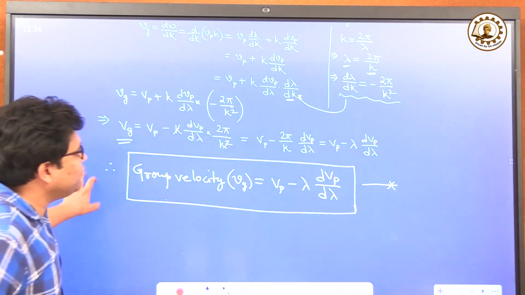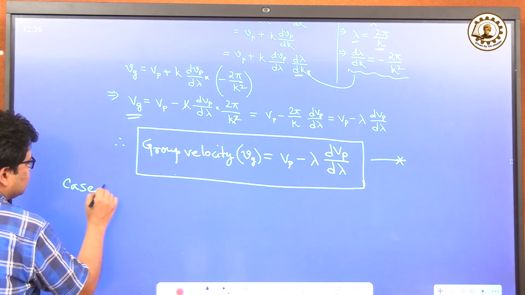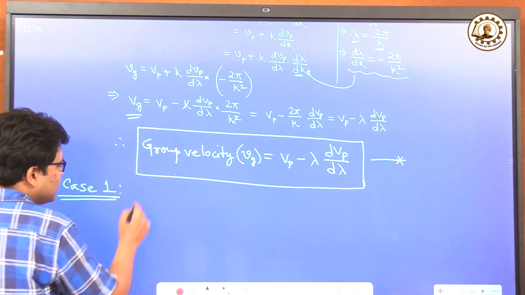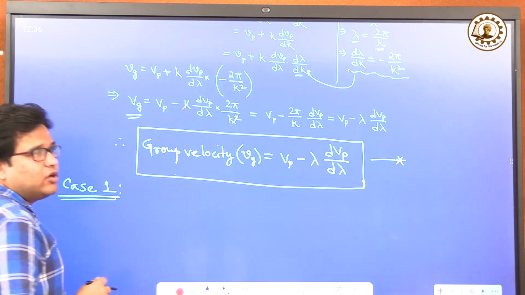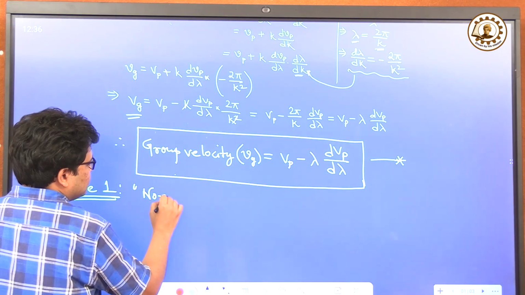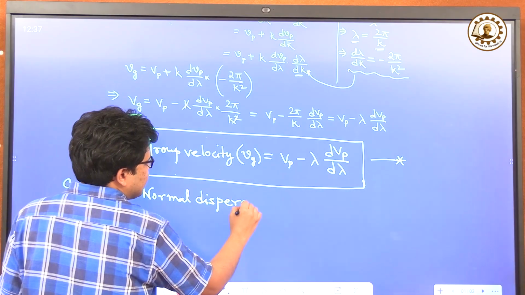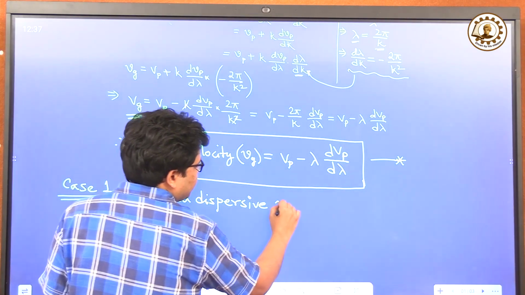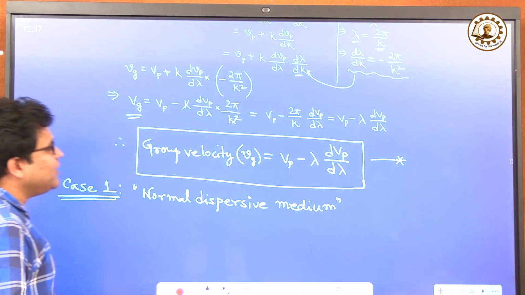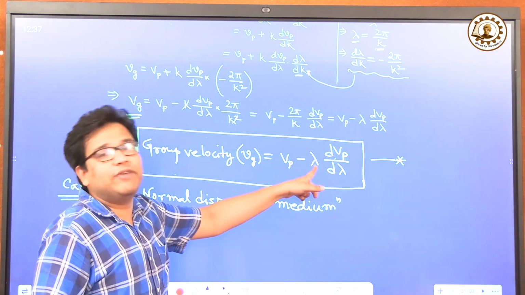Now let's come to case 1. Here we are considering a dispersive medium, or normal dispersive medium. For a normal dispersive medium, the phase velocity depends upon the wavelength.